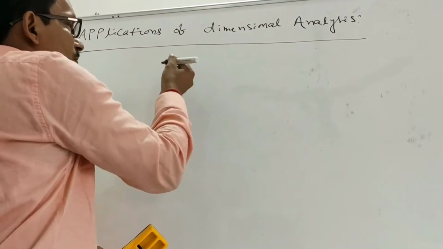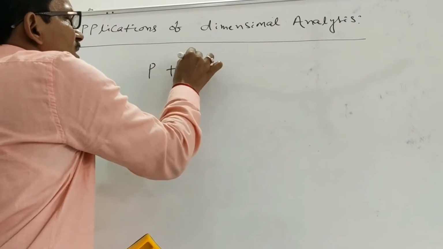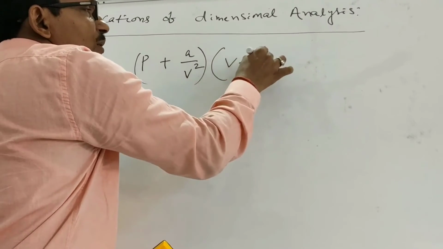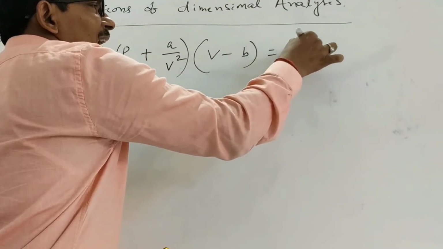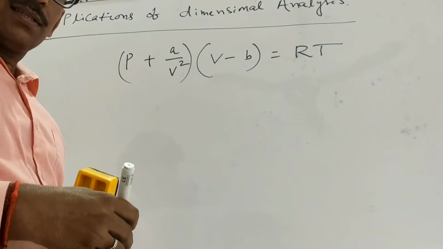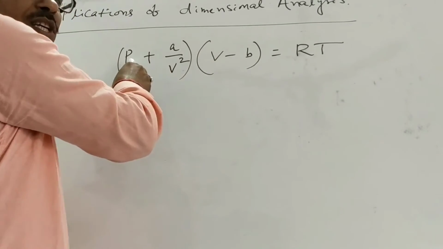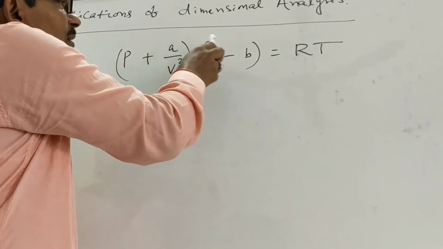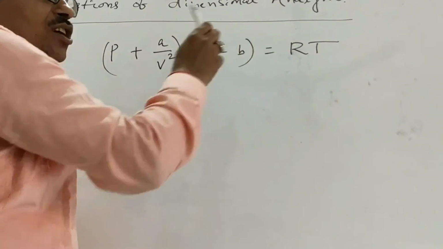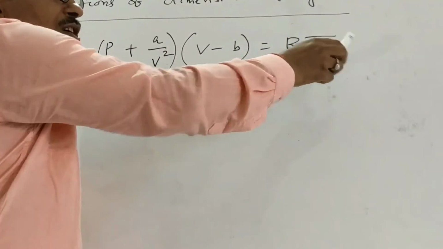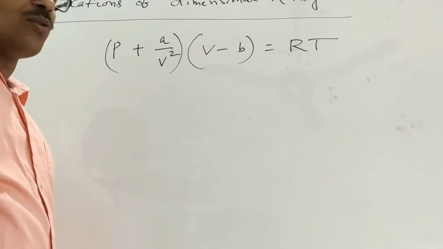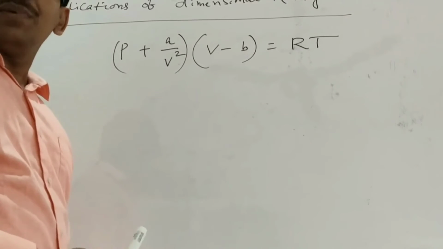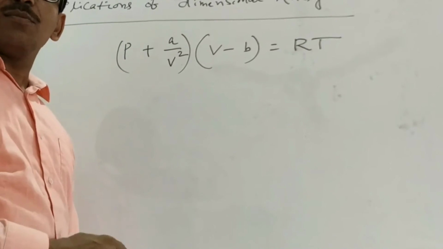It is given P plus A by V square into V minus B is equal to RT. Here P represents pressure, V represents volume, A and B are constants, R is the universal gas constant, T is the temperature. Now pause the video and find out the dimensions of A and B. It is the same as the previous examples.